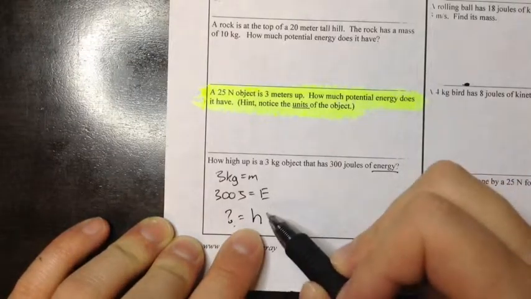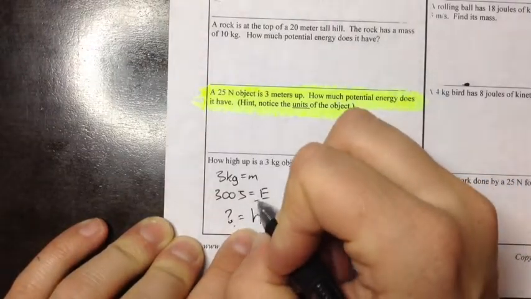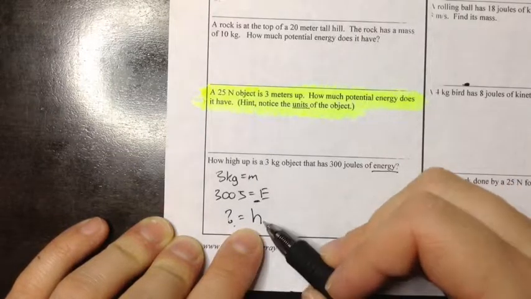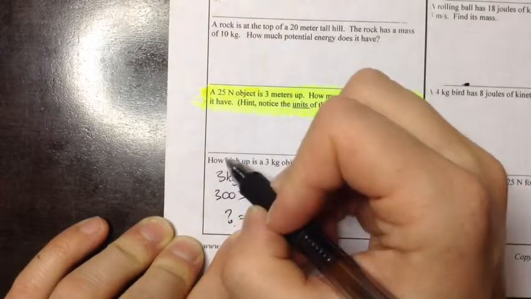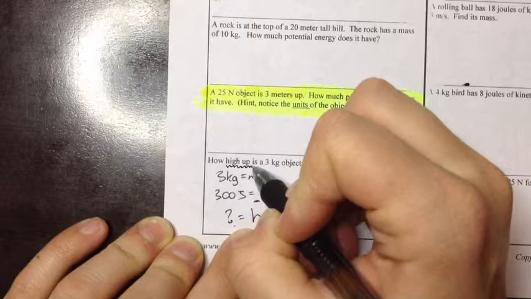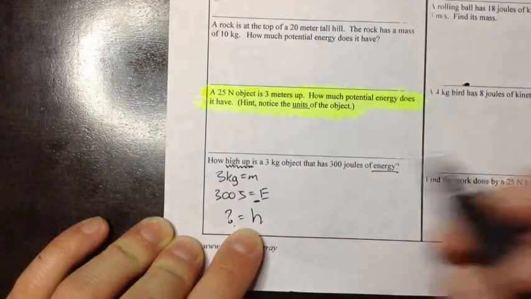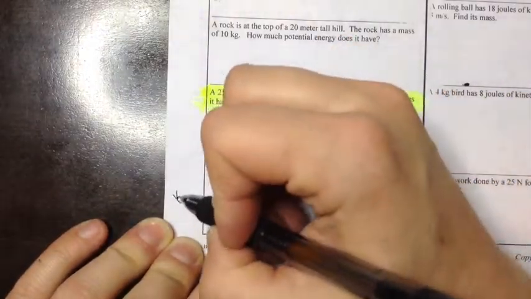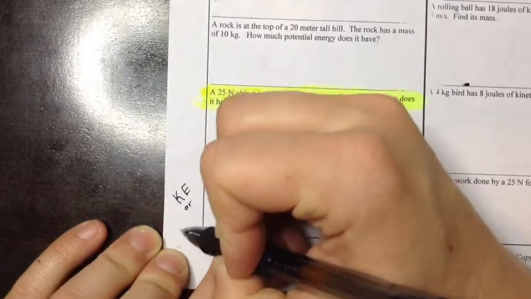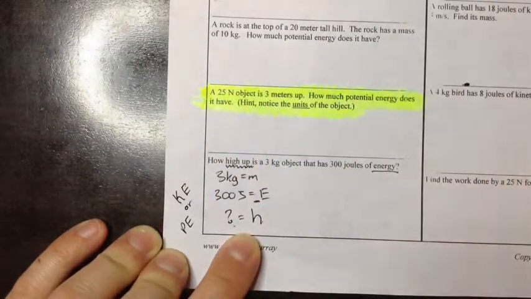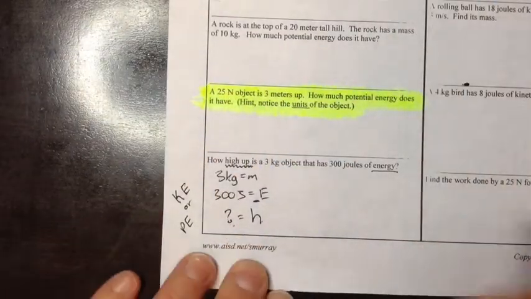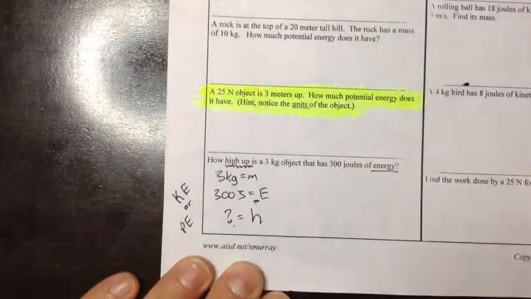So you have to answer the question, which type of energy are we dealing with if height is the question? Is this going to be kinetic energy or potential energy? That's the question you have to answer to know which formula you're going to use.